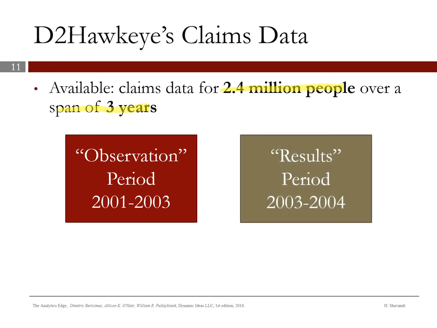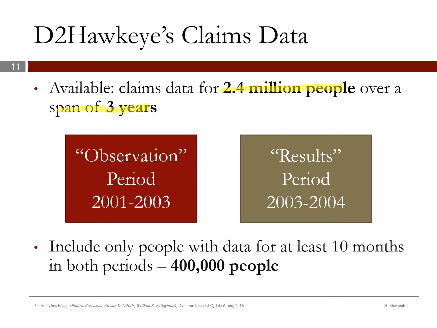Okay, and the results period was considered as 2003 to 2004. Okay, and so here they consider to include only people with data for at least 10 months. So because of that, they could decrease the number of people from 2.4 million to 400,000 people. Okay.